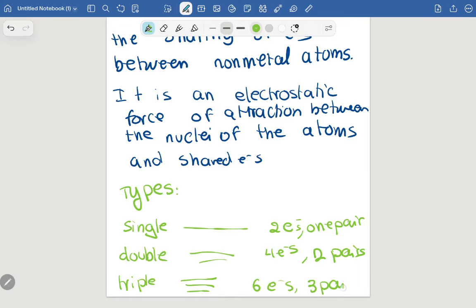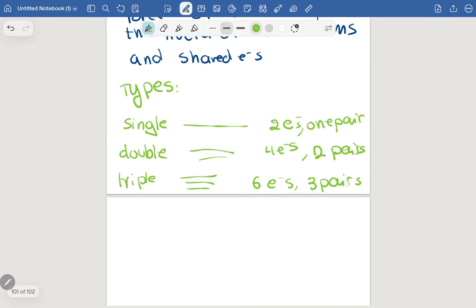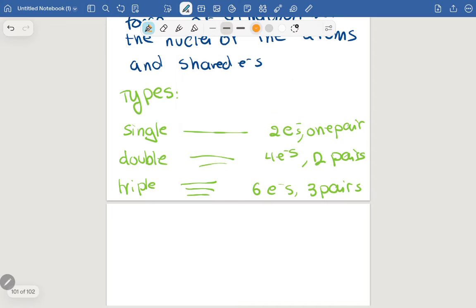Now, of course, there's something we need to mention as well, which is the polar and non-polar bonds.